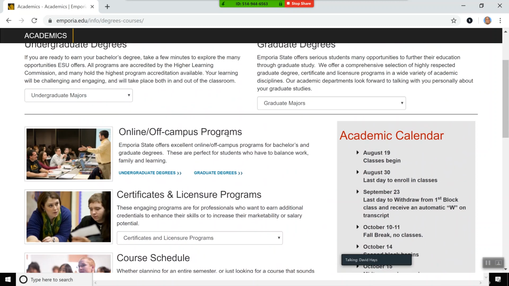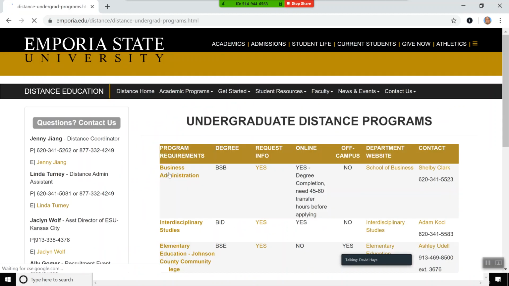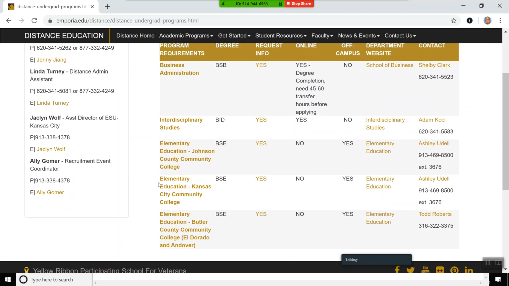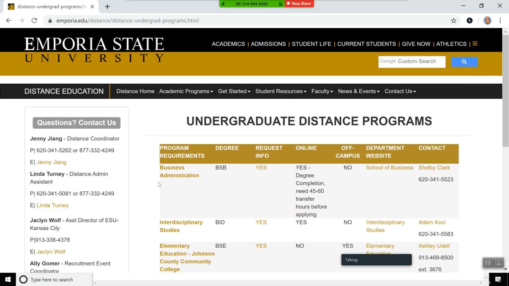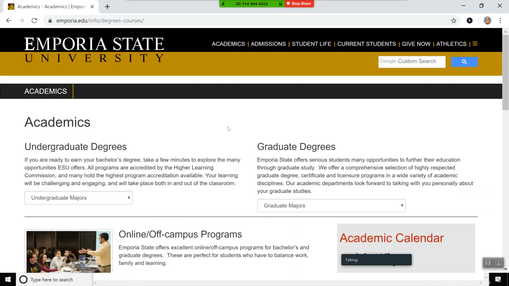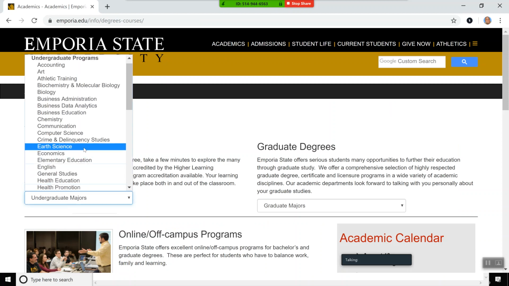Let's see. Online off-campus undergraduate degrees. Must have gone somewhere wrong. Somebody ended up in distance education. Computer science.